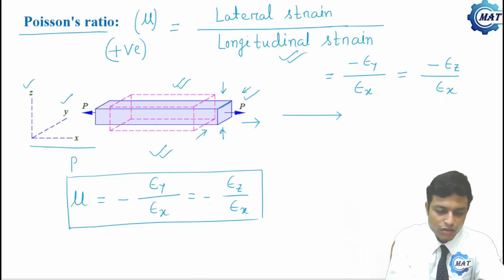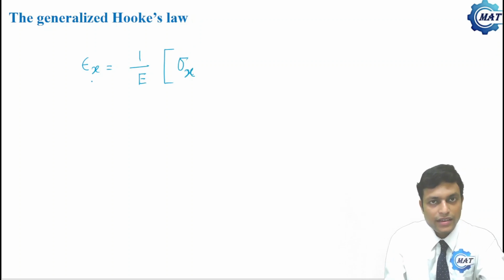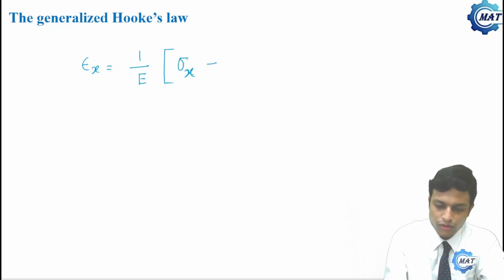From this concept we can write that epsilon x is 1 by E. Due to sigma x, its dimension will increase in the x direction, and due to sigma y and sigma z, the dimension of the component will be reduced in the x direction.